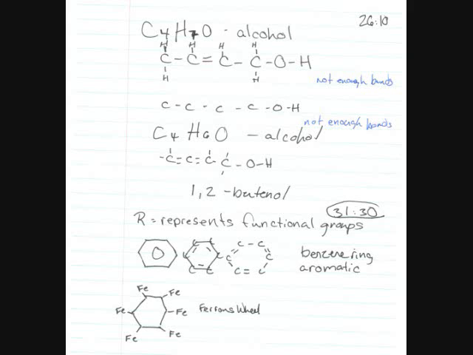Between each one of these is a carbon, so it's a carbon ring. You basically have a carbon single bonded to a carbon, double bonded to a carbon, single bonded to a carbon, double bonded to a carbon, single bond, and double bond.